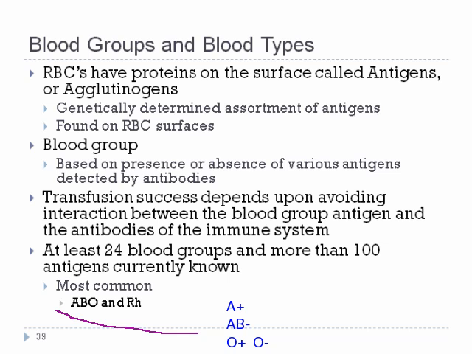O positive means you have the Rh, but you don't have the A or B. O negative means that you don't have either of those proteins. So you can have any combination of the AB proteins and the Rh proteins, and that puts together what we currently refer to as our blood type.